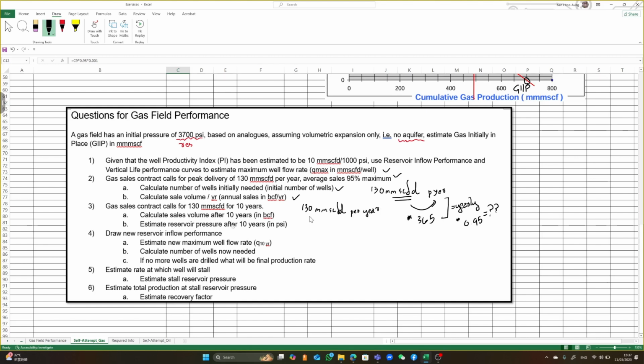So 130 million standard cubic feet times 365 gives us one year of annual production, which we actually did just now. If you multiply this by 10 for 10 years, you get the 10-year production.